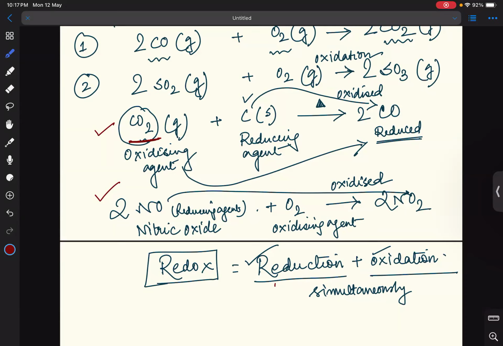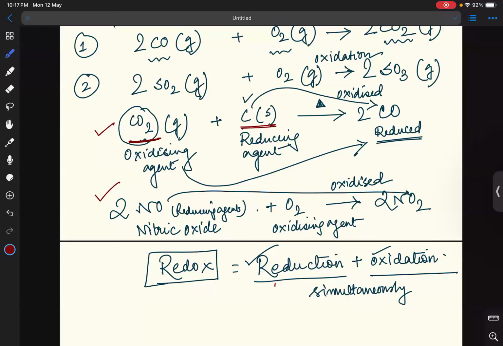Yes. And what will be the reducing agent? The other reactant, carbon. And in a way, what is getting oxidized over here? The carbon into carbon monoxide. And who is the oxidizing agent then? Carbon dioxide. So whichever is the oxidizing agent will give away oxygen, meaning itself gets reduced.